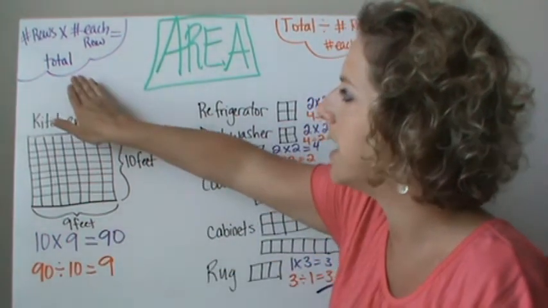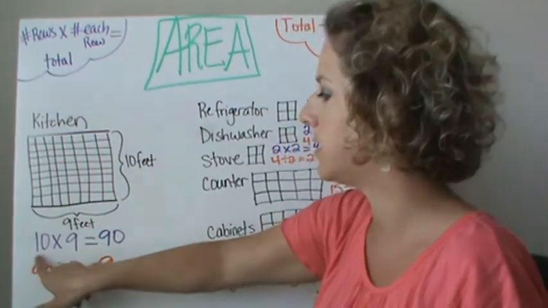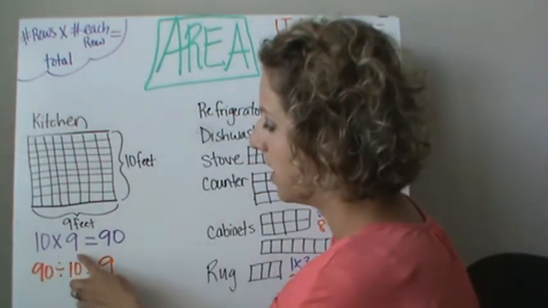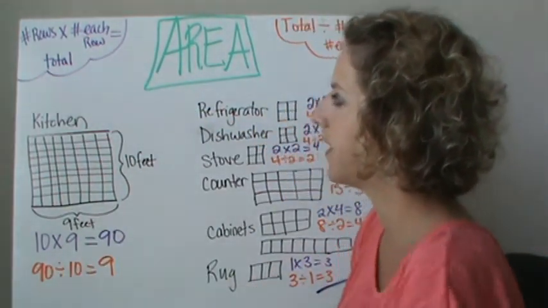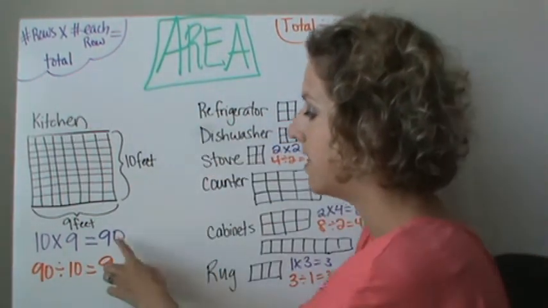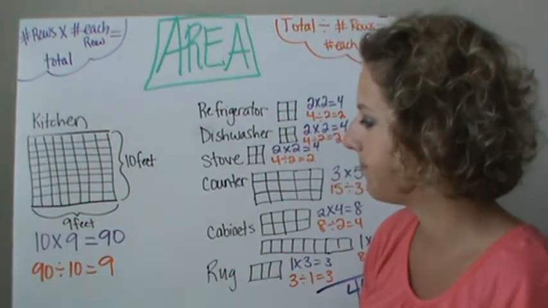And if you look at the multiplication formula, the number of rows, there were 10 rows, times the number in each row, there are 9 in each row, is equal to the total number. So I have 90 square feet in my kitchen.